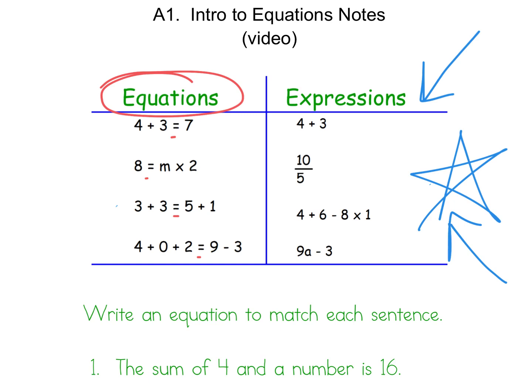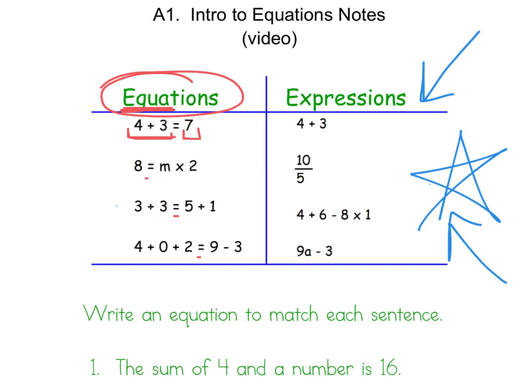Now, equation or equal means that whatever is on one side of the equal sign has to have exactly the same value as whatever is on the other side. So in our first example here, 4 plus 3 has a value of 7.